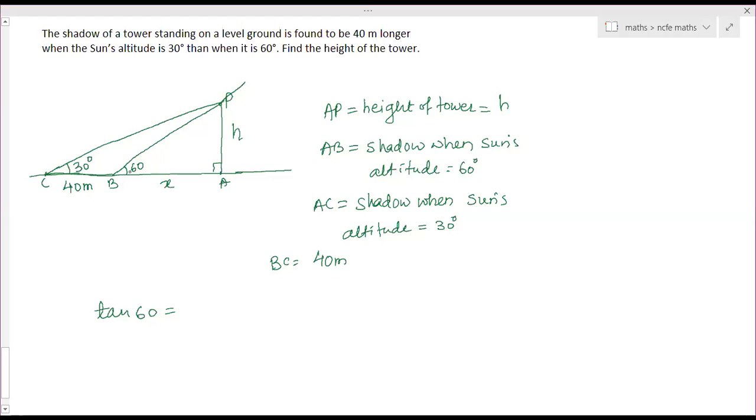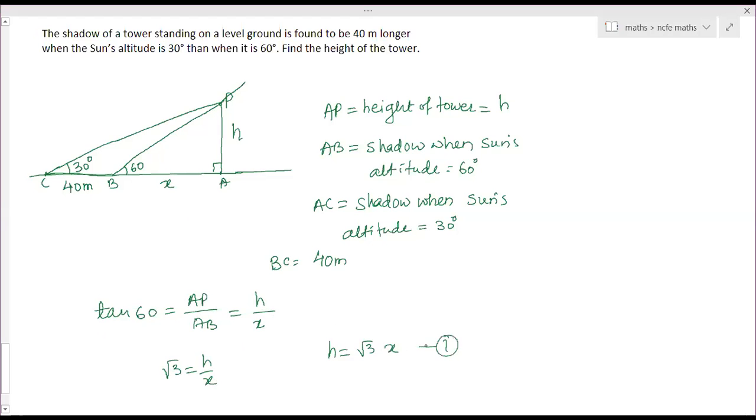ABP. So the tan ratio is AP by AB. What is the AP distance we have considered? H. AB is X. So tan 60, root 3, is equal to H by X. Cross multiply: H is equal to root 3 X.